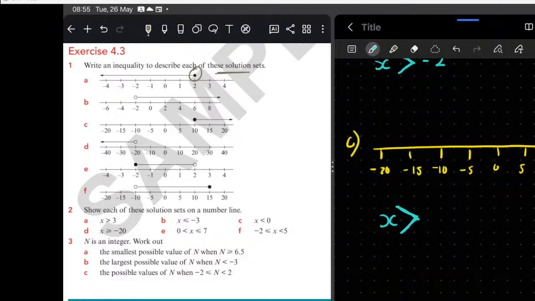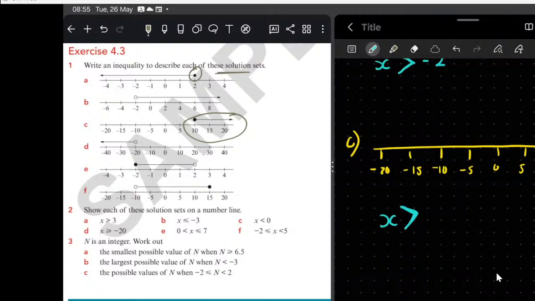Yes. Good. So x should be greater than. When the crocodile faces x like this, it means x is greater than. It's for this one here. So x greater than. Great. X greater than. That's the one we're looking at.